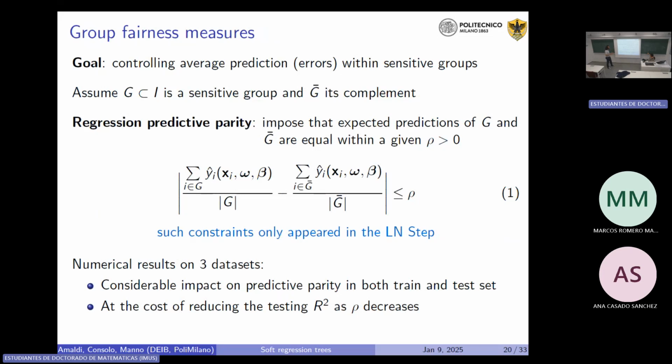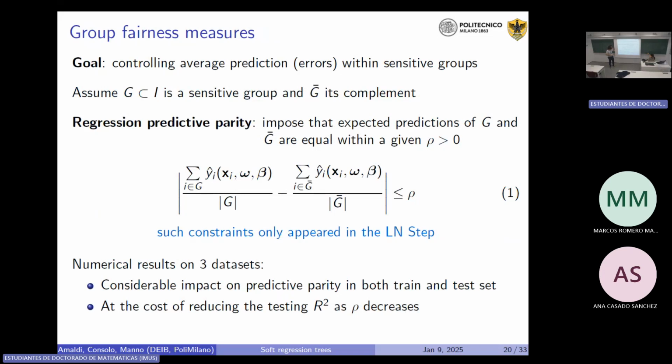A decision maker asks us to guarantee that the expected prediction for the sensitive group and the expected prediction for those who do not belong to the sensitive group must be as comparable as possible. So the idea is to impose that the difference between the average prediction of the tree for the group and for the complementary is not so big, and you can tune it with the threshold rho. You can decide what is the level of difference.